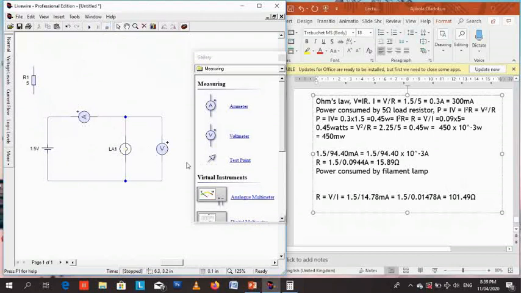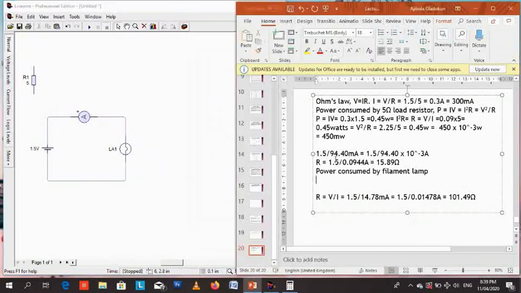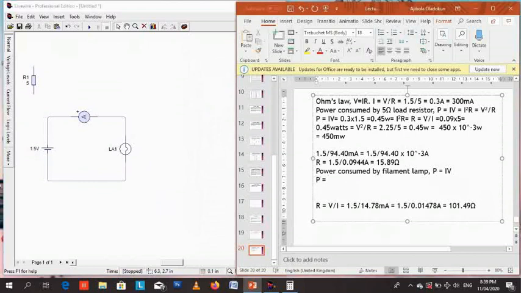So actually we are supposed to use 1.36 volts, not 1.5 volts, if we are to follow the measured value. Sometimes there's a difference between measured value and calculated value. But let's just use the calculated value. If you are running this practical in an actual physical lab, you would use the measured value, and then we would see the difference.